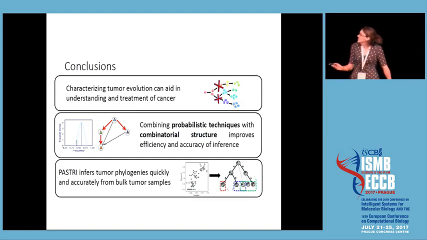And really, I guess, the main takeaway that I want to emphasize from this talk to people that might not necessarily be involved in cancer is that if we know a little bit about the combinatorial structure that underlies our problem, we can combine it with some of these statistical techniques to really be able to improve the efficiency and accuracy of inference. And finally, I presented a new method that's able to really infer tumor phylogenies more quickly and accurately from bulk tumor samples.